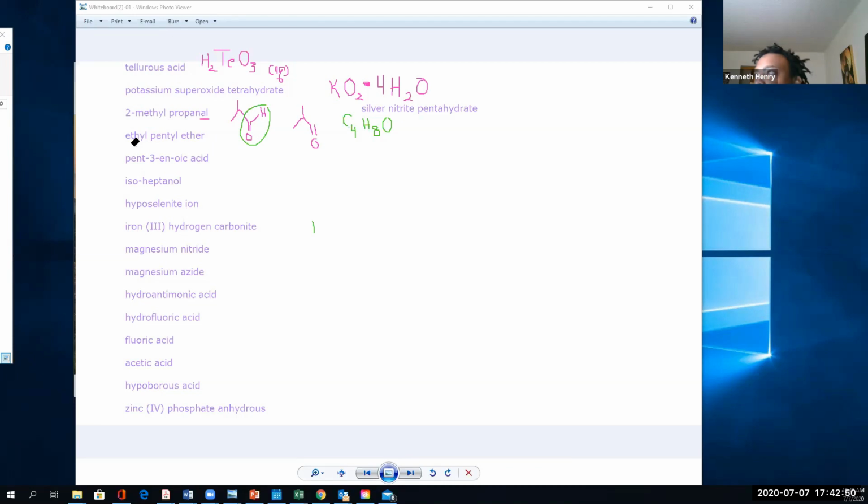I don't know if it's right, but we got an O as the center atom. Oh, excellent. And then on the left, we put an ethyl, so we just have a branch coming off with 2.